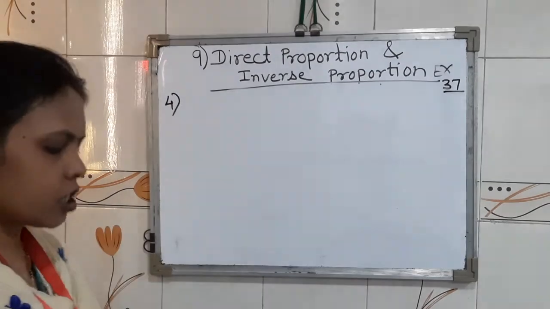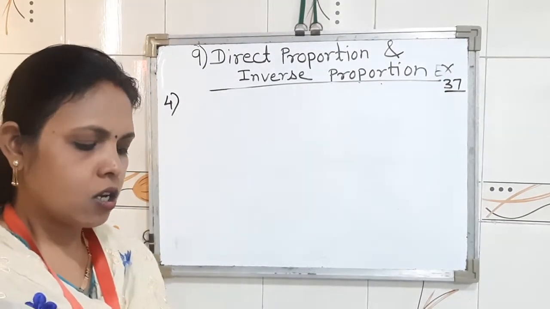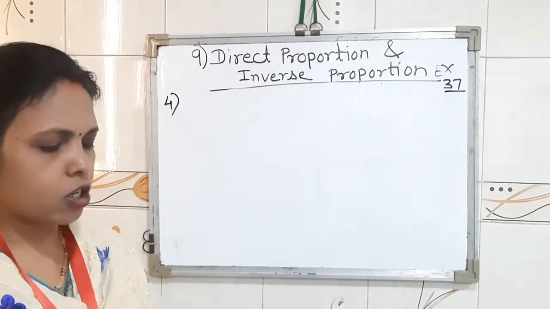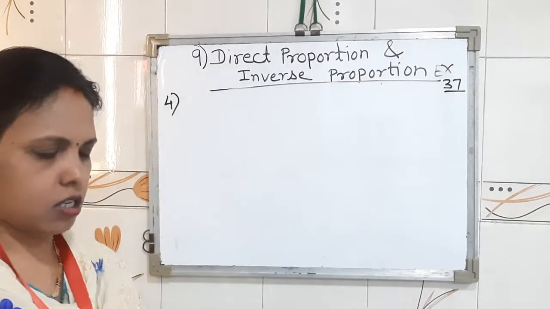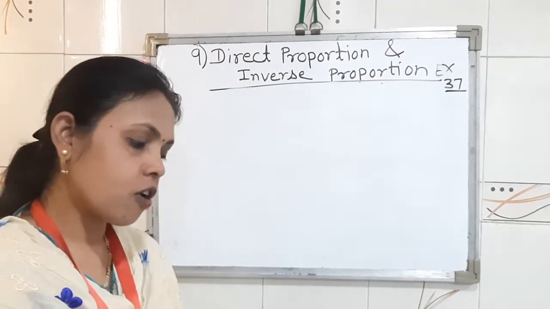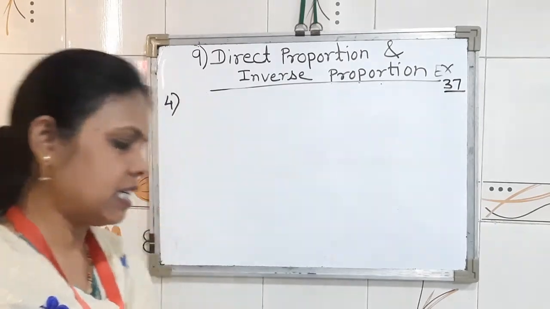Direct proportion is given between the cost of soyabean for 12 quintals, 36,000 rupees, and the cost we require for 8 quintals. Here quintals decrease, therefore the cost of soyabean will also decrease.